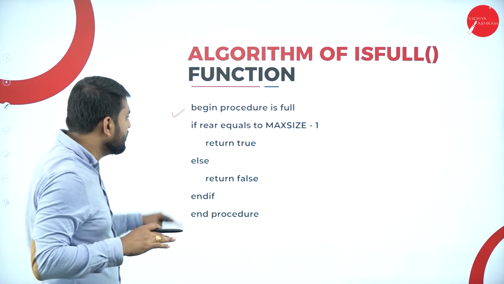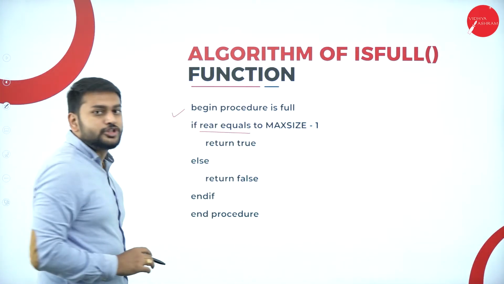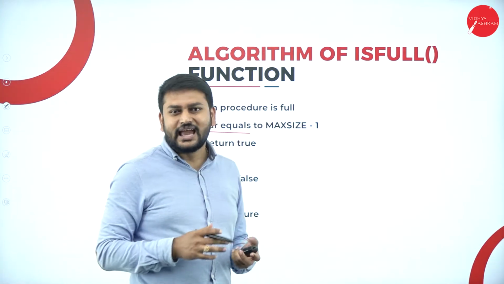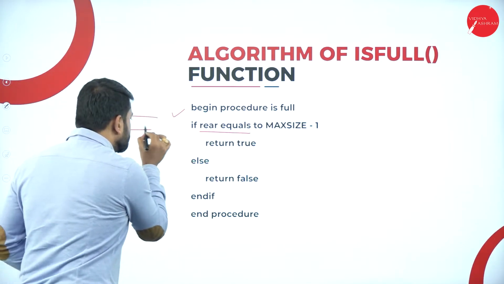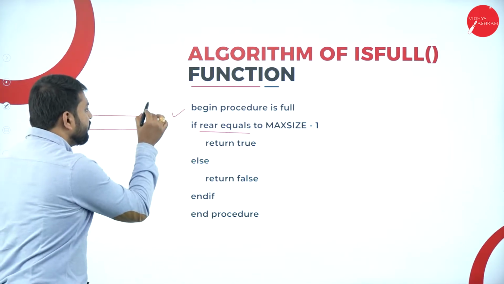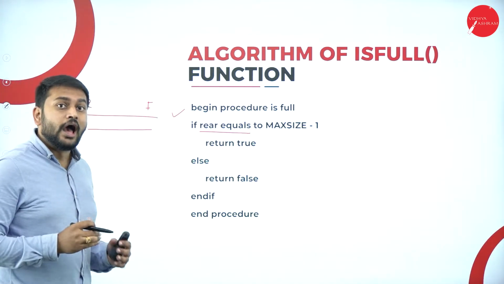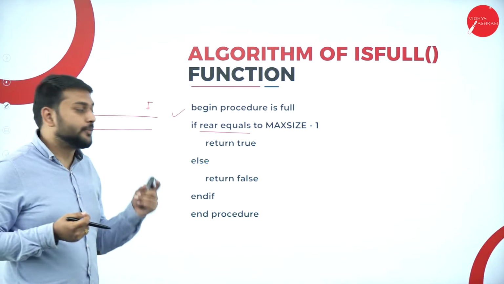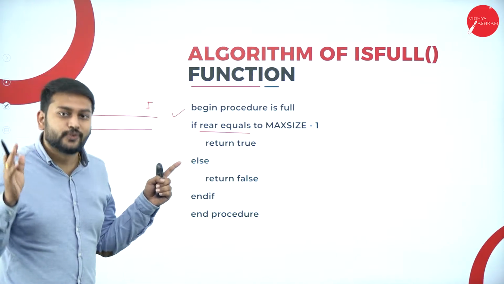This is the beginning of the line. So here, observe: if rear equals max size minus 1. What exactly does it mean, sir? Observe, whenever I say queue, you need to imagine it like this. My front pointer is this and rear pointer is this. Now I'm comparing with maximum size minus 1 because I'm using arrays. That's what you need to remember. So always I should take minus 1 from the size.